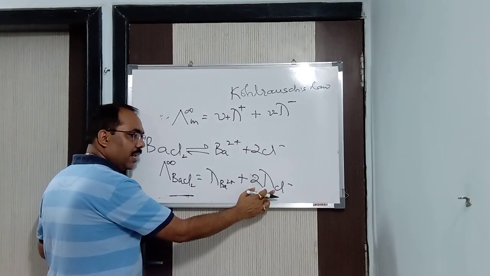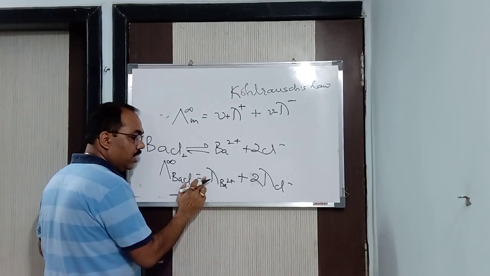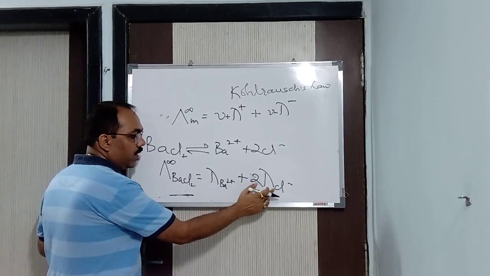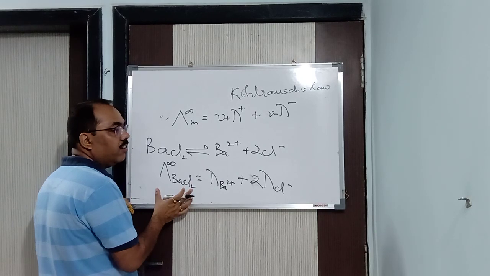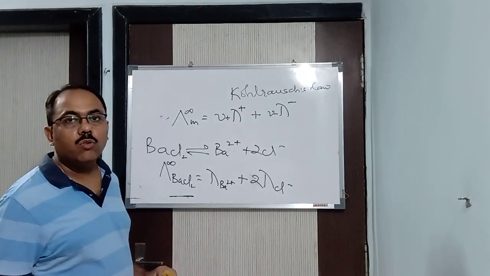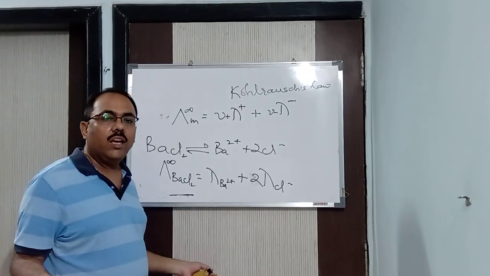You put the value here, multiply with 1; put the value here, multiply with 2. Then you add it, and you will get the molar conductivity at infinite dilution for a weak electrolyte. In this way we can find it out.